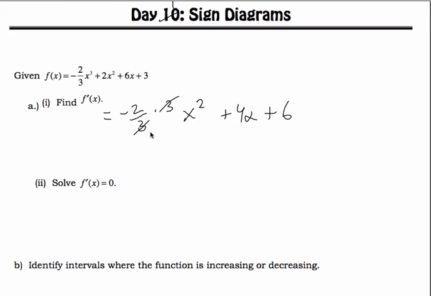When I do that, these 3's will cancel. I'll get negative 2x squared plus 4x plus 6 as the derivative. Then we're going to solve that for 0.